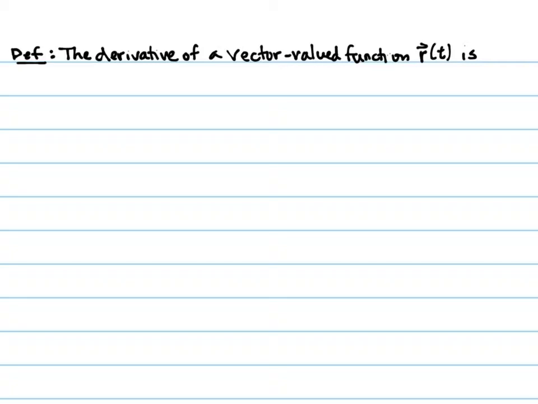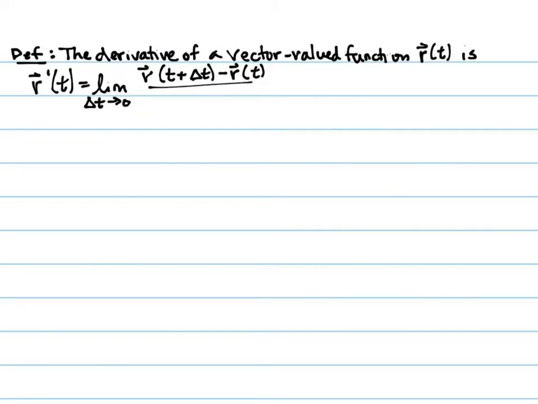So the derivative of a vector valued function r of t is r prime of t equals the limit as delta t approaches 0 of r of t plus delta t minus r of t over delta t.